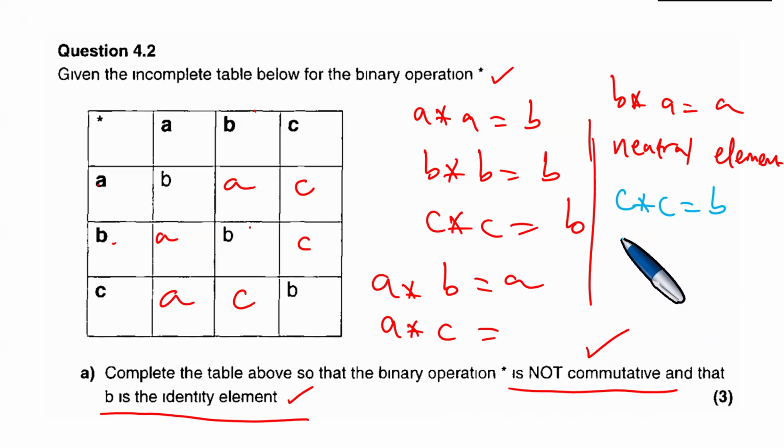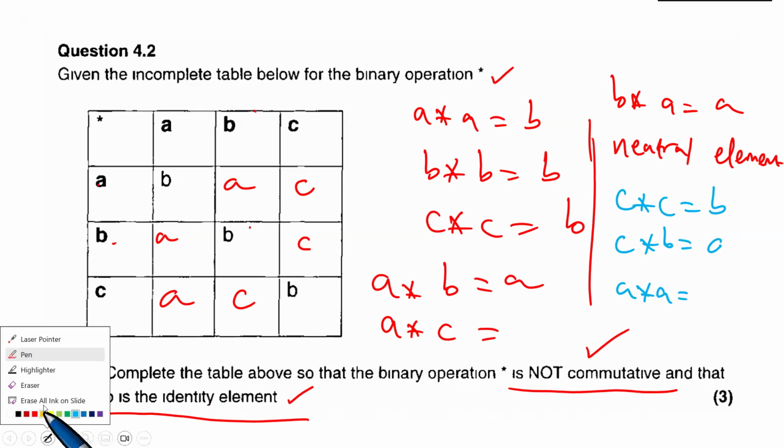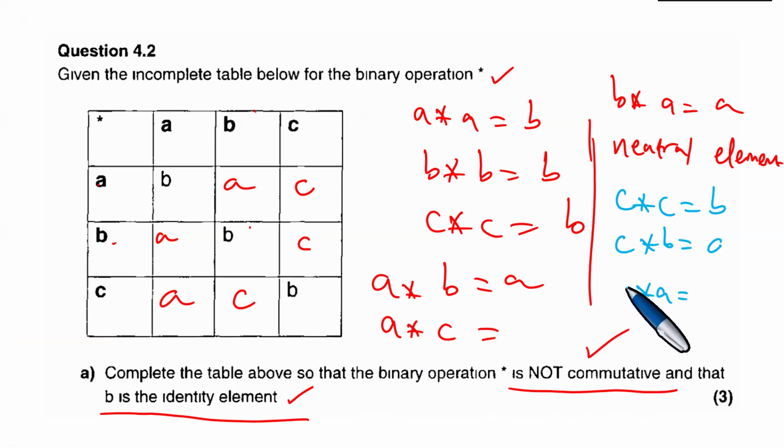But you also have C star B, C. Then we have C star A. Is equal to what? Okay, there's something I want to deduce here. So you have C star A.